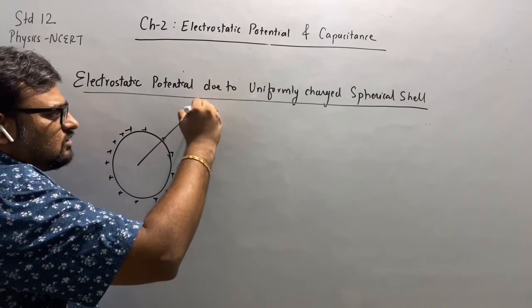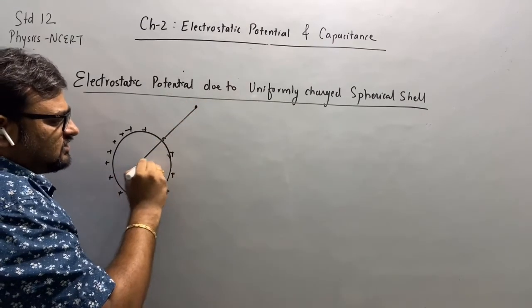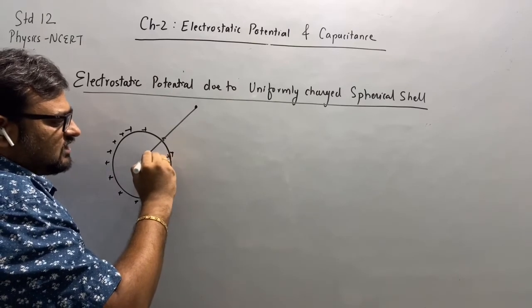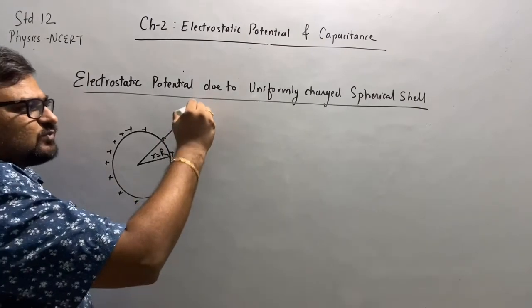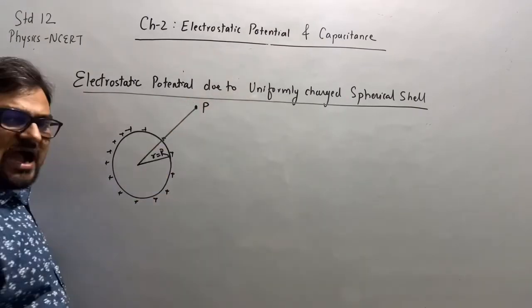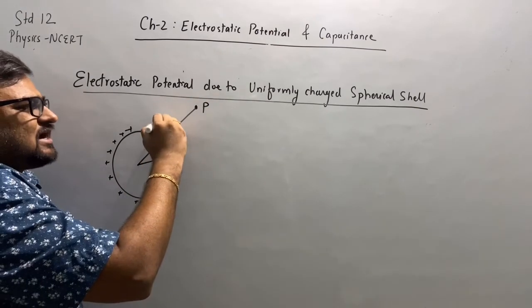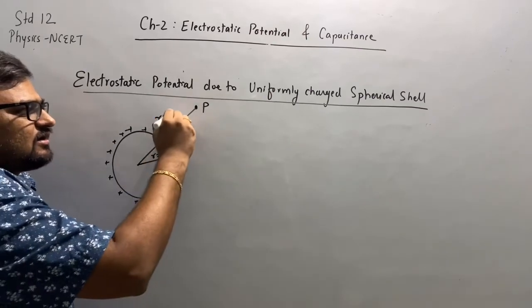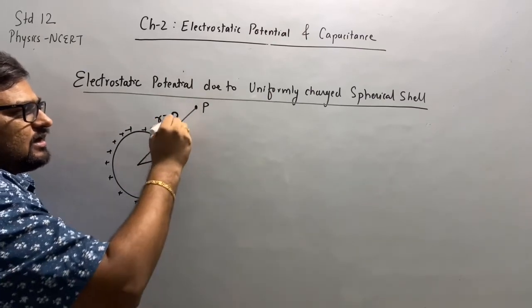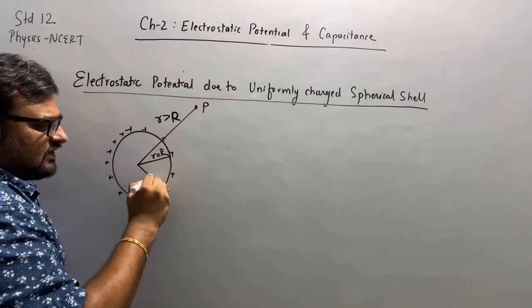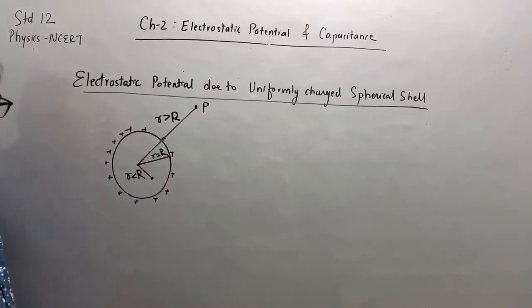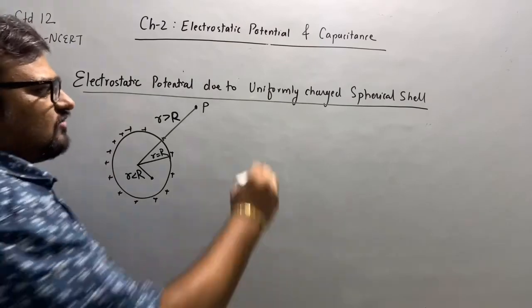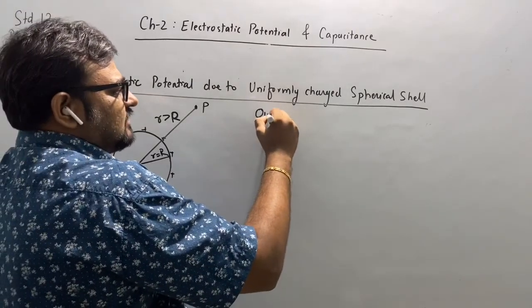One, this is the radius, meaning r equal to R. At this point P outside the shell, that is r is greater than R. And at any point inside the shell, r is less than R. So there are three positions. First, for outside the shell.